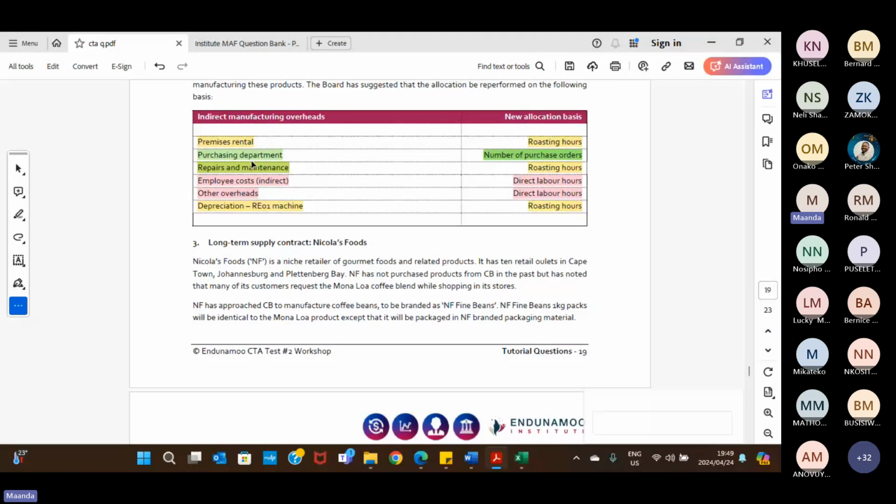The second thing is, when we allocate using overhead, what are we trying to do? Firstly, I'm trying to see if you understand your activity, your cost per activity, and your cost driver. If I have activities that are being driven by the same cost, I expect you to group them, because when you understand the cost, you will say, all of these are being driven by the hours.